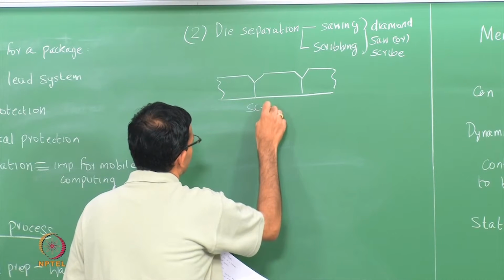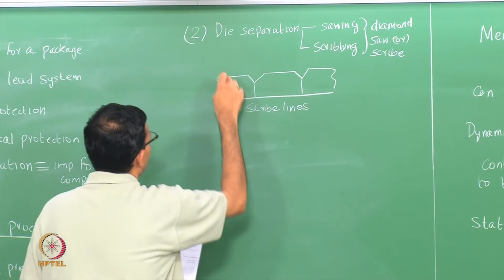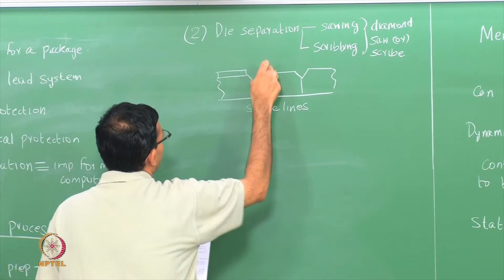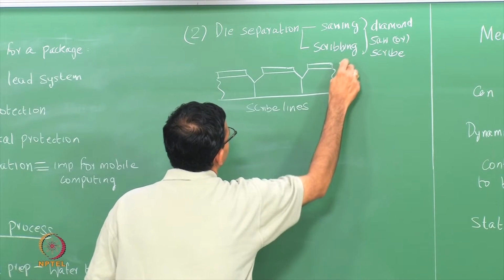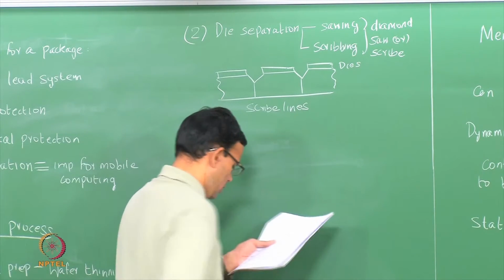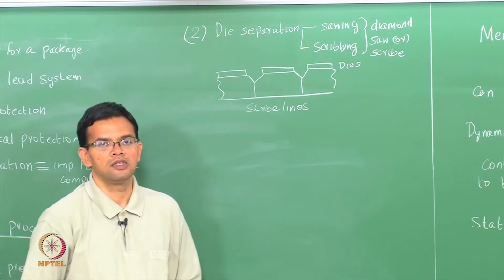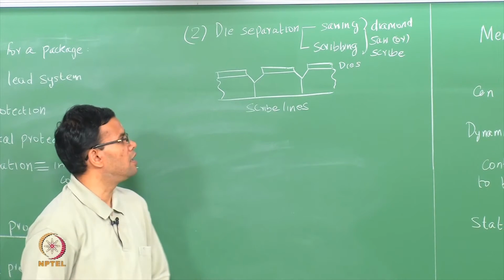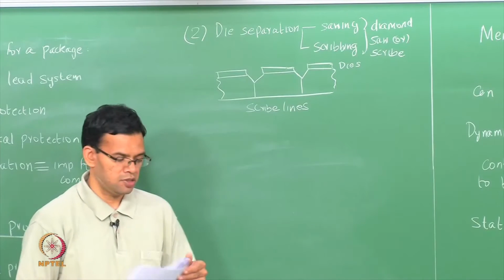So, these are your scribe lines, and then the dies are fabricated on the top. The wafers are separated along the scribe lines again by using a diamond saw or a diamond scribe, so that you get the individual dies out. This is the die separation process.